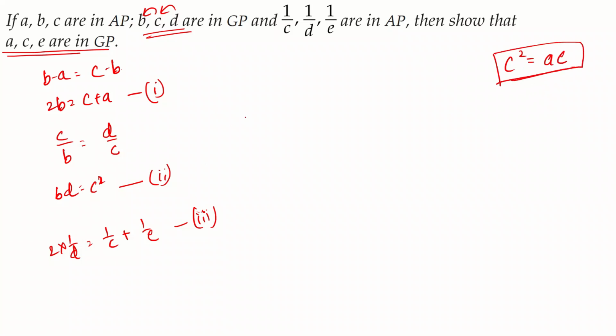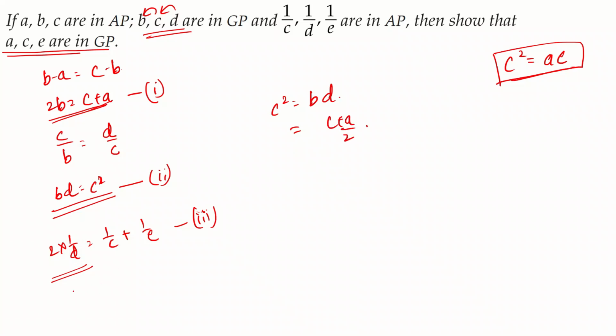Okay, so how to do that? We start with this. C square is equal to BD. Now I have the value of B from here and I have the value of D from here. I just put it in here. So what is the value of B? B is actually C plus A by 2. What is the value of D?